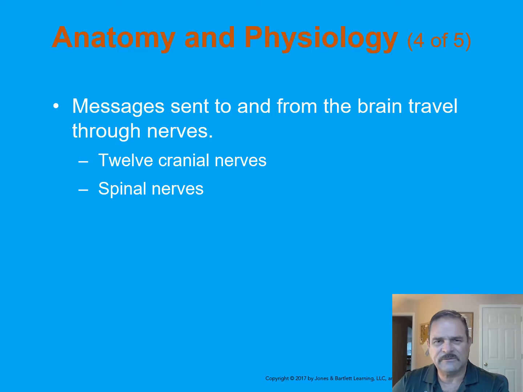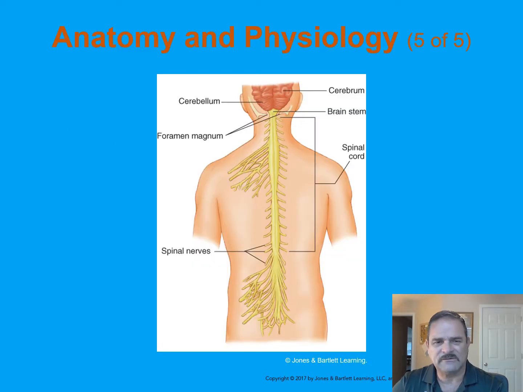Messages sent to and from the brain travel through nerves, folks. We've talked about this before. There are 12 cranial nerves that run directly from the brain to the parts of the head. The rest of the nerves join the spinal cord and exit the brain through the foramen magnum. At each vertebra in the neck and back, two nerves branch out from the spinal cord and carry signals to and from the body. This is slide 9.